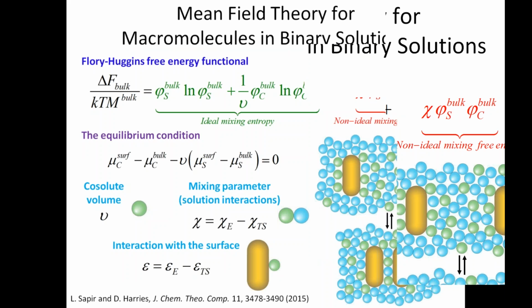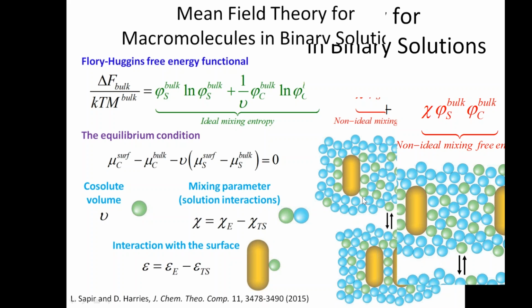And we try to describe the following process in which two colloids, the yellow rods, undergo association in a binary mixture that contains both a solvent molecule, the blue spheres, and the green molecules, the green spheres.